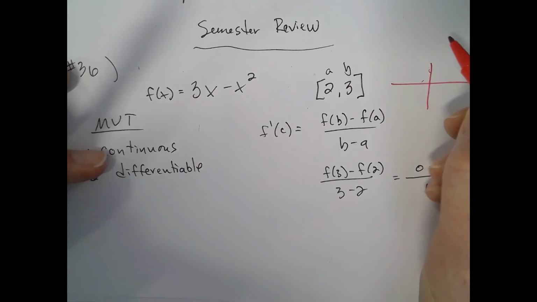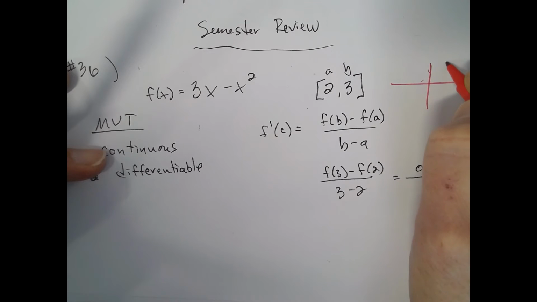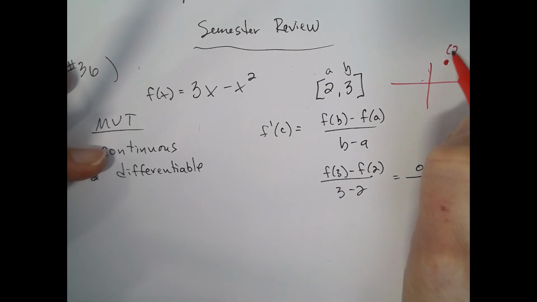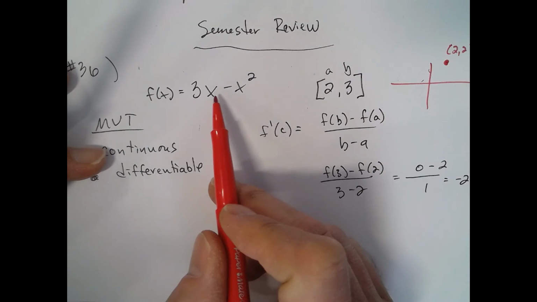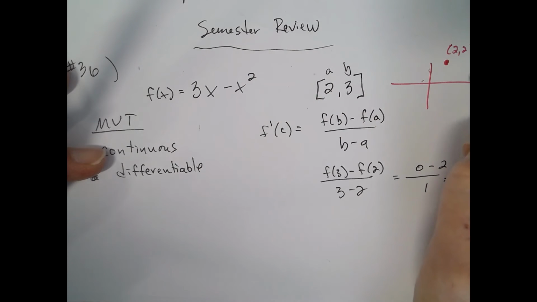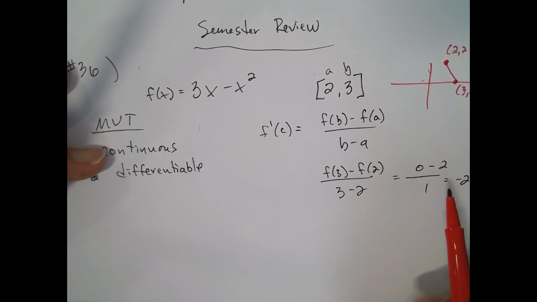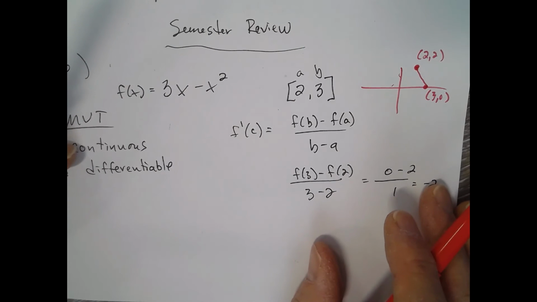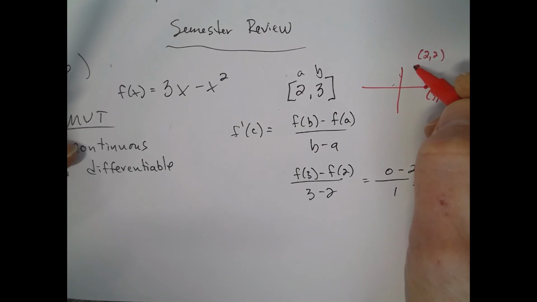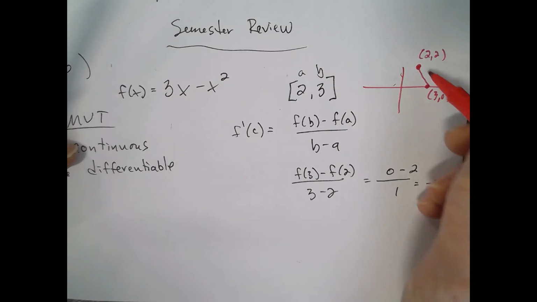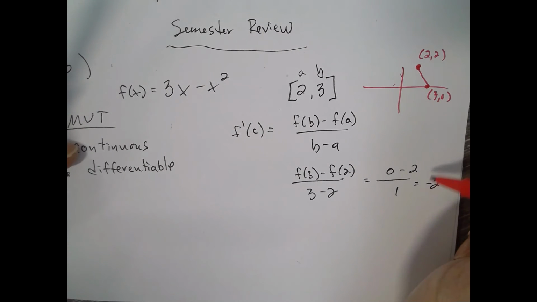Plug in 2, I get 2; plug in 3, I get 0. The average rate of change is negative 2. It has a slope between those 2 points of negative 2. So there has to be somewhere in that interval where the curve has that slope also of negative 2.